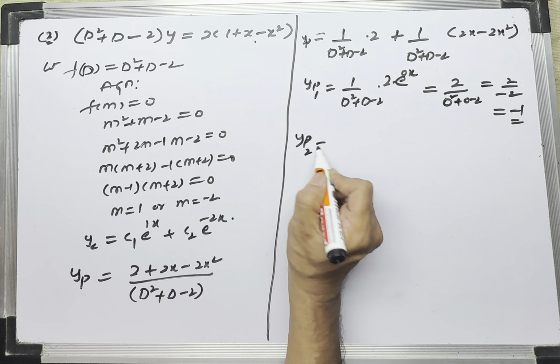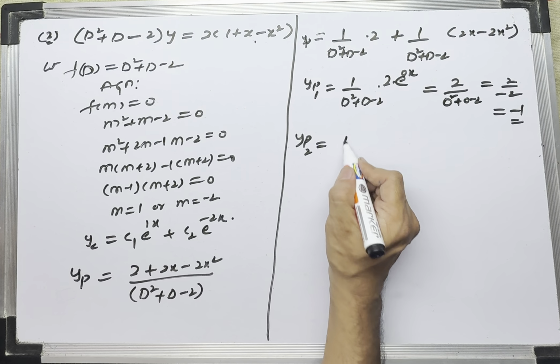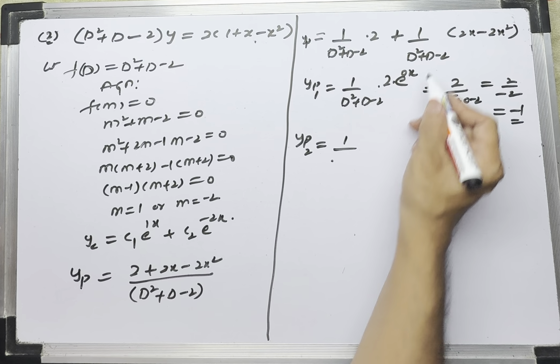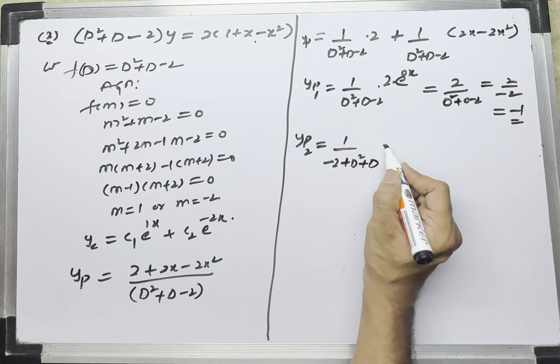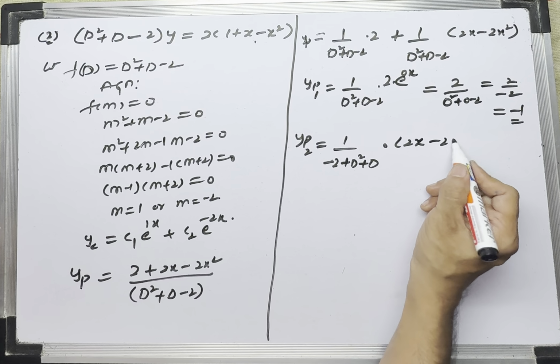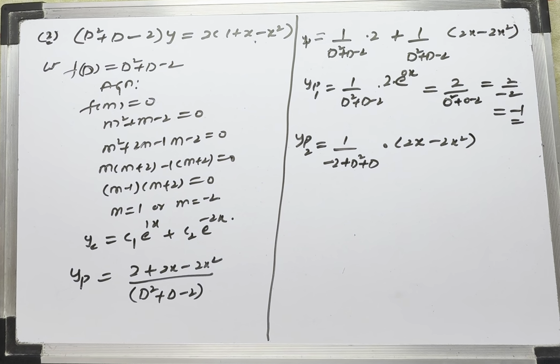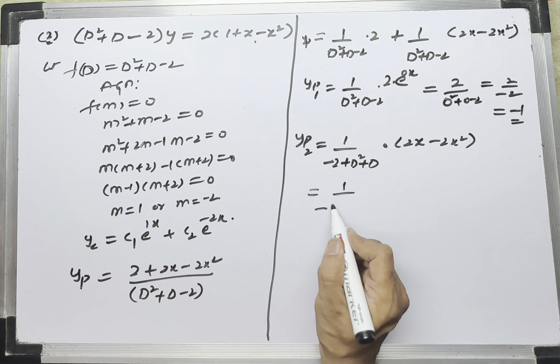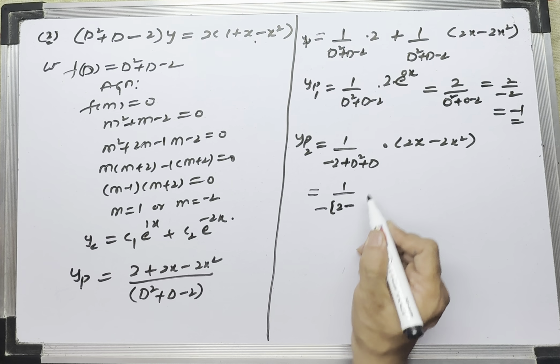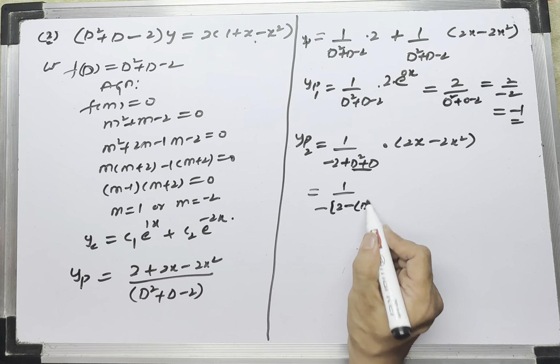Now we can take yp2, whatever x terms are there. At the time of writing yp2, take the constant as the first term. Then write this as it is, 2x minus 2x square. Then after writing the constant we will take minus 2 common, and these two terms will take one bracket.